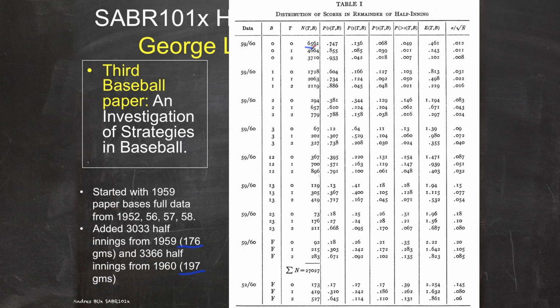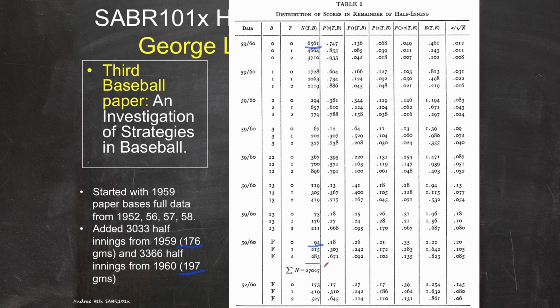That happened 61 times. And you can see all these other states occurred during those games he was looking at. So, for example, there were only 92 instances of bases loaded full, nobody out. In all the games he looked at, it happened 92 times.